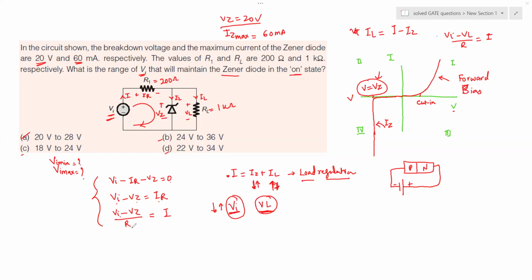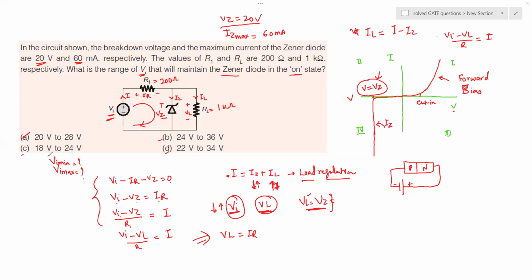VI minus VZ divided by R equals I. And we can also write VI minus VL divided by R equal to I. We can see from this equation VZ equals VL, because when the Zener is on, the voltage across the Zener VZ is the voltage across the load RL from the circuit diagram.